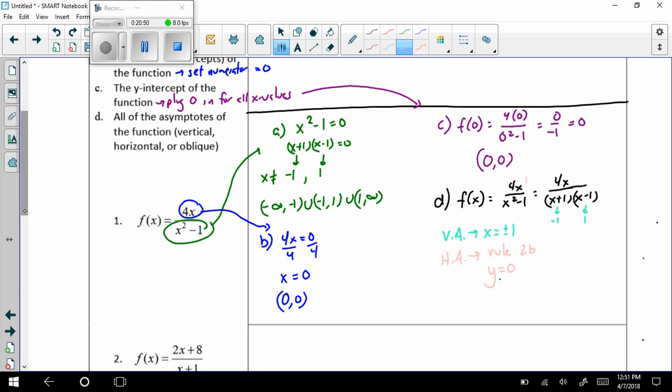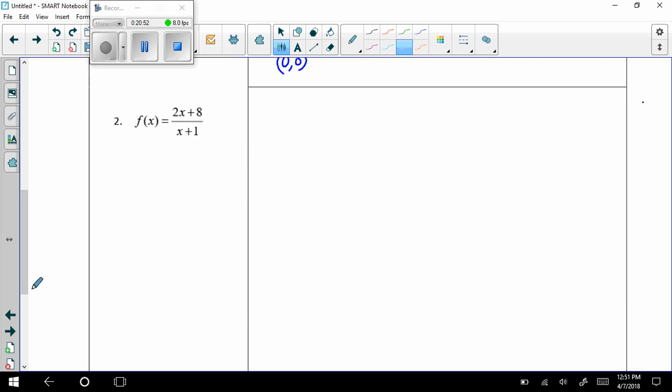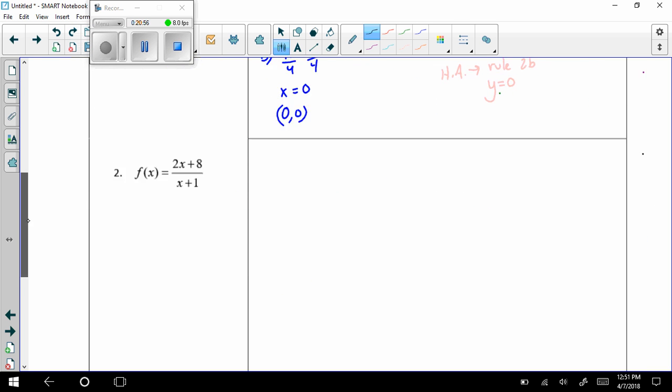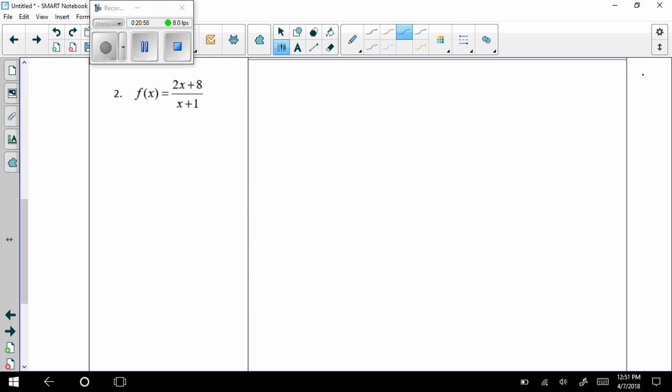Okay. Next one. Same colors, so green first. What we're looking for is my domain. So we focus on the bottom. X plus 1 cannot equal 0. So x cannot equal negative 1. How we write that in interval notation is like that.